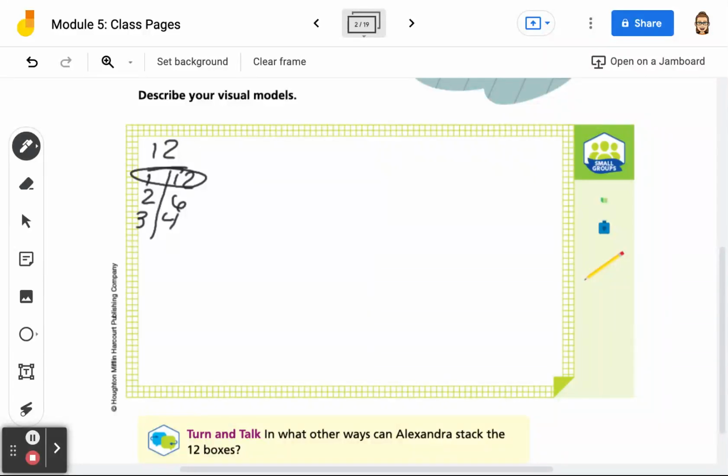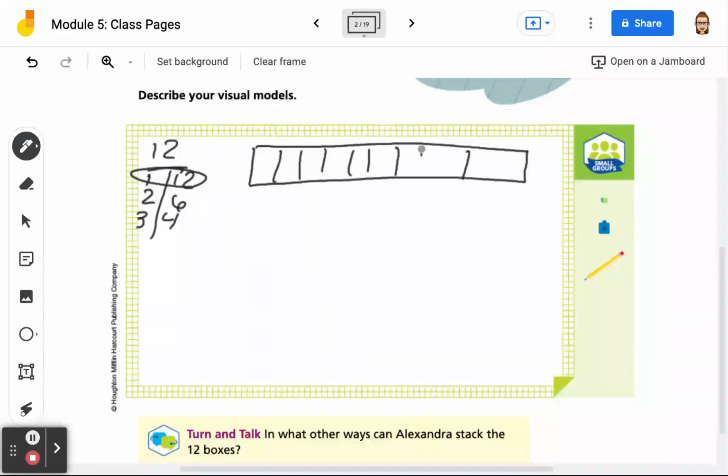So that would just look like 1 block, split, like this. So this is a 12 by 1 by 1.